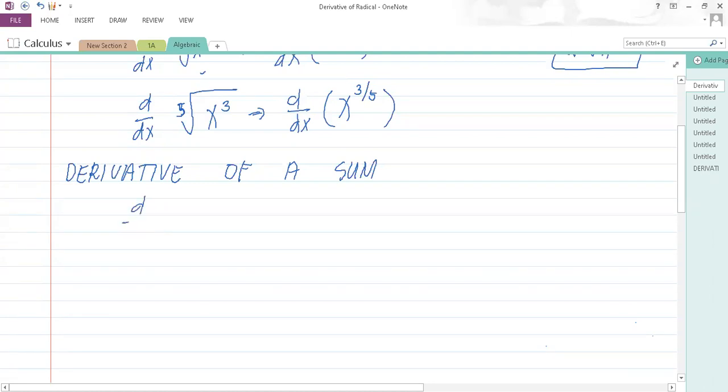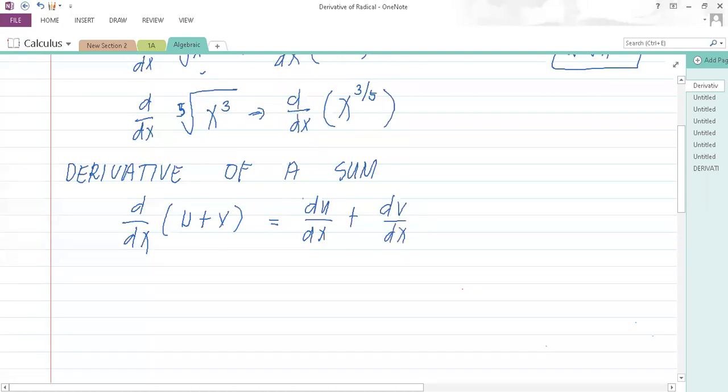Here we have the derivative of a sum of two functions, say u plus v. The derivative of a sum of two functions is equal to the sum of their derivatives. So we take the derivative of the first function, du over dx, then add the derivative of the second function, dv over dx.